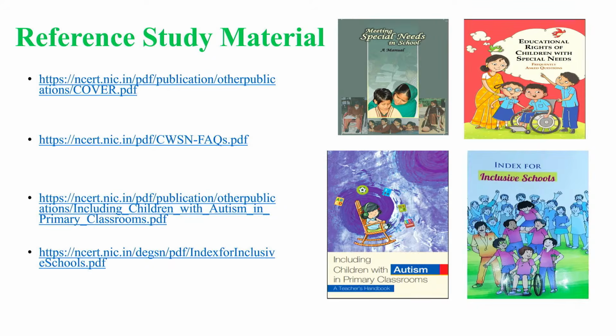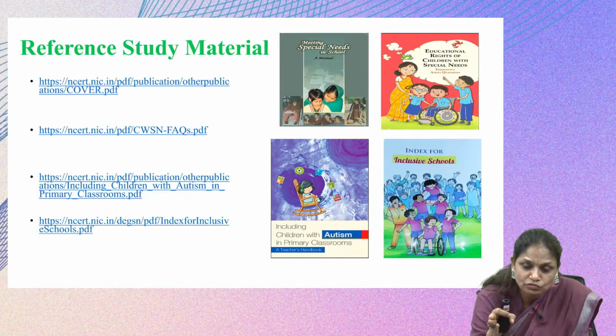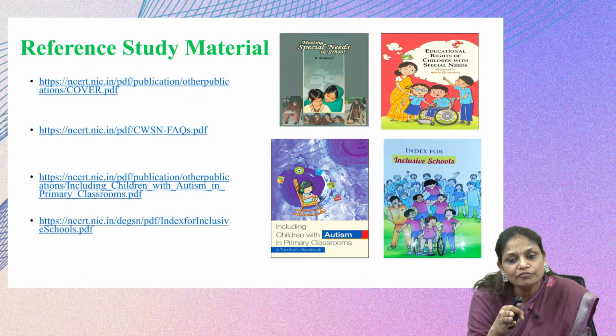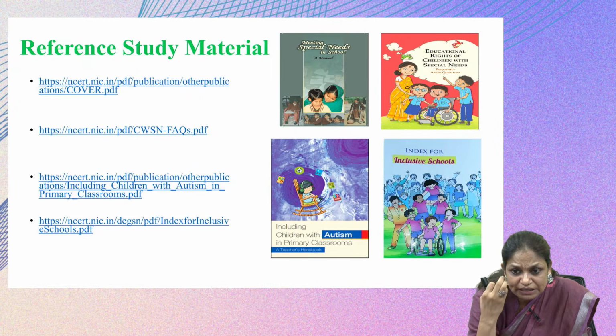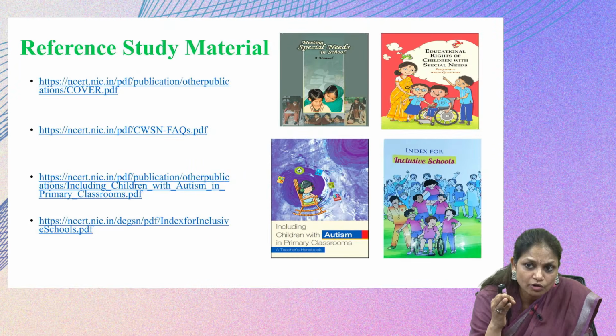There are many other learning materials, but why have I selected these four? Because these specifically focus on the questions given in the previous papers. Based on that, we have gone through the learning material, and we found that most of the content is covered in all these booklets.